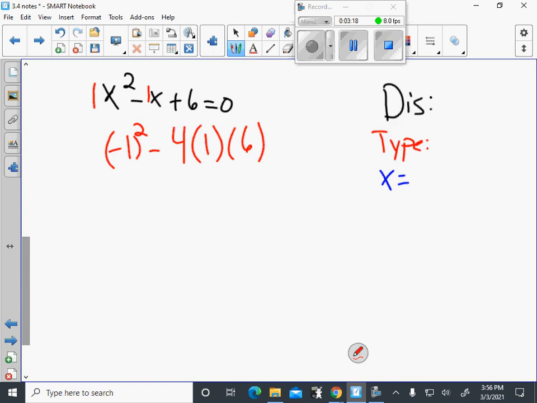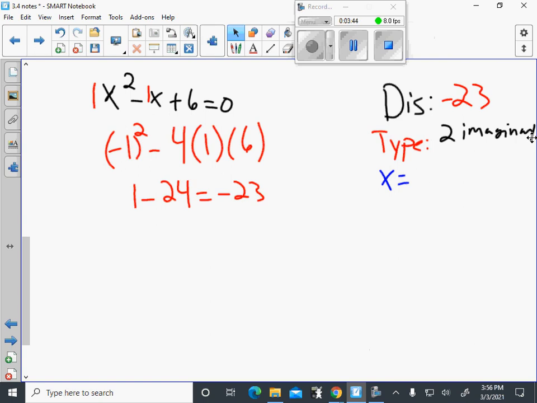So negative 1 squared is just 1 minus 4 times 1 is 4 times 6 is 24, which equals negative 23. So that's my discriminant. My type of solution? Well, it's less than 0, so two imaginary solutions.